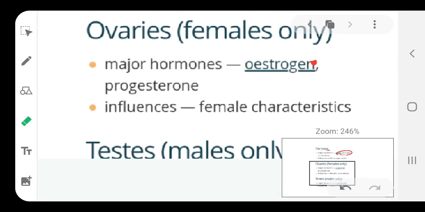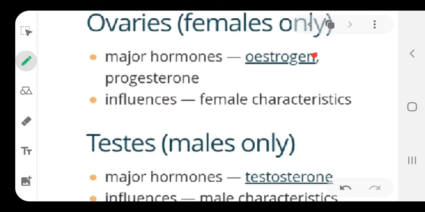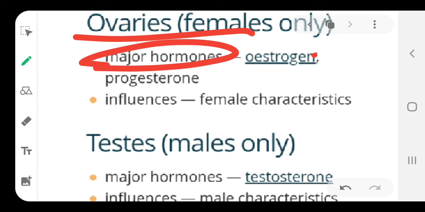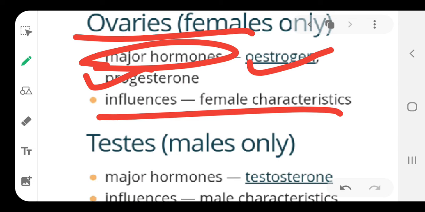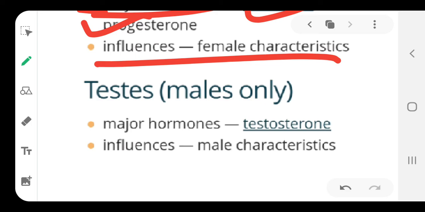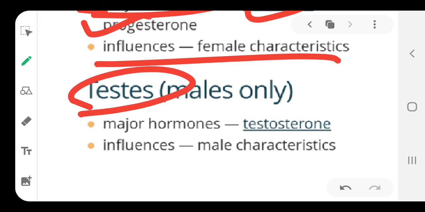Then in case of the ovaries and testes, ovaries, as you know, are in females only. The major hormones produced by them are estrogen and progesterone, I have just told you, and they influence the features of female characteristic growth. In males, the testis is there and the hormone released by it is called testosterone.